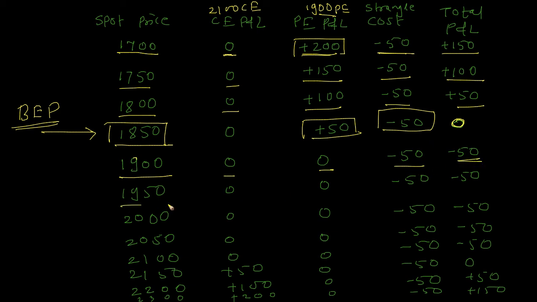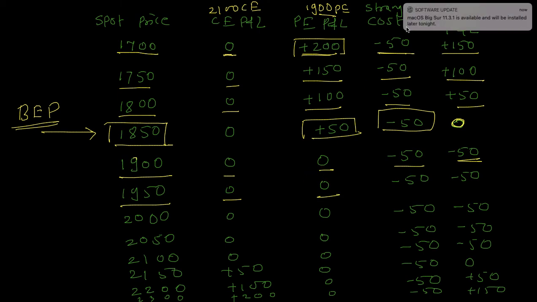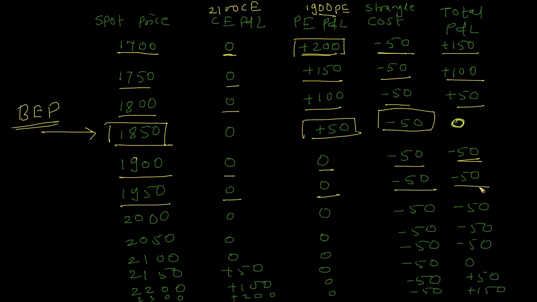At 1950, C is out of the money. This time PE is also out of the money, because I have bought a PE of 1900 but the market has moved up, so this P is of no value. The strangle cost is minus 50, so my total is minus 50.